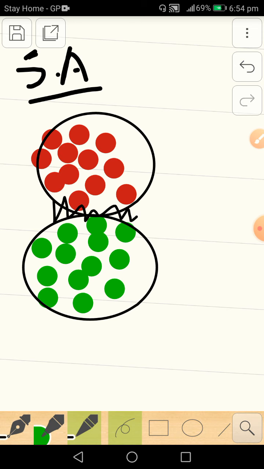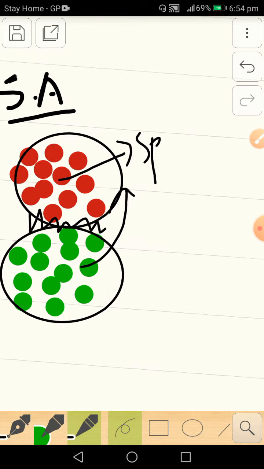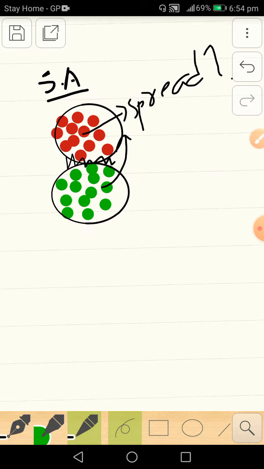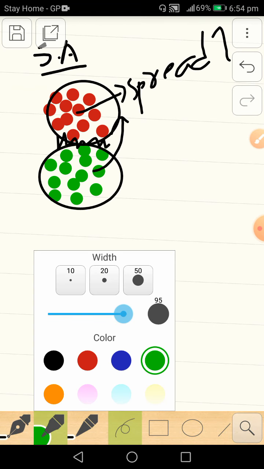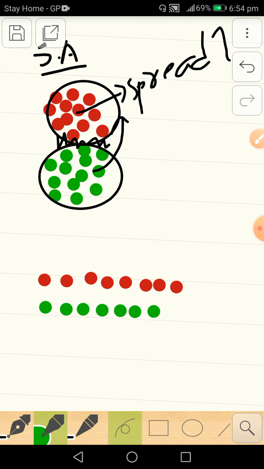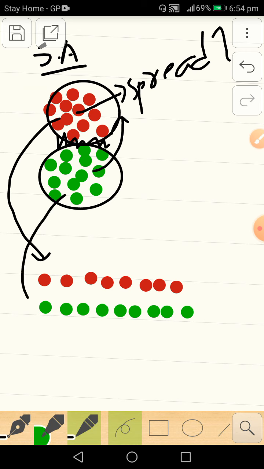Now what happens if we spread all these particles? We have spread the red particles and we have also spread the green particles.